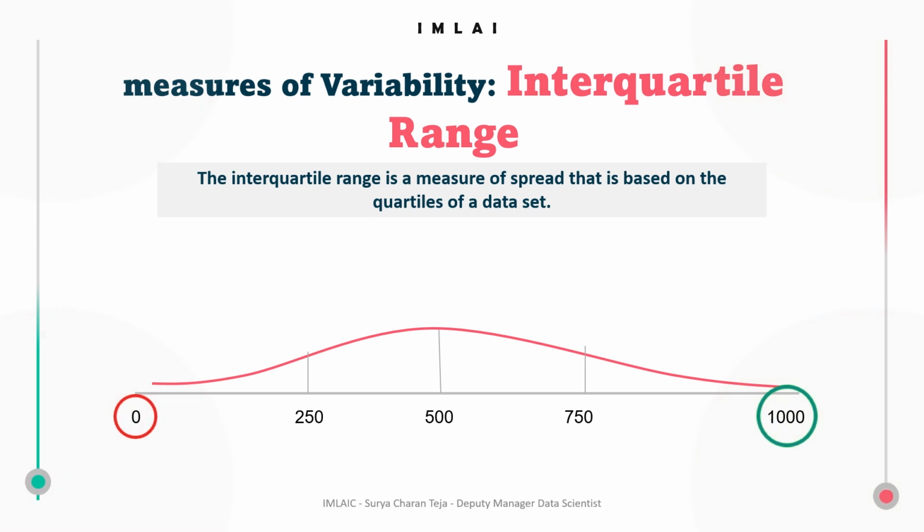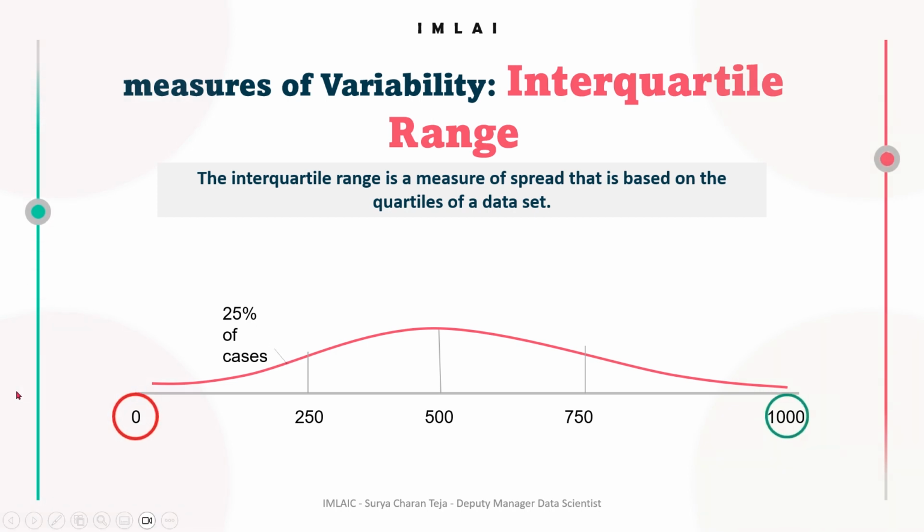Now let's take the percentiles. The 25th percentile is a quartile that divides the first 1/4 of cases from the latter 3/4. So the 25th percentile is equal to Q1.